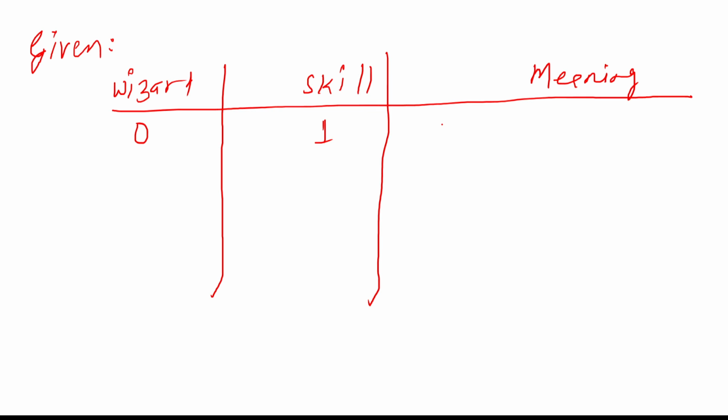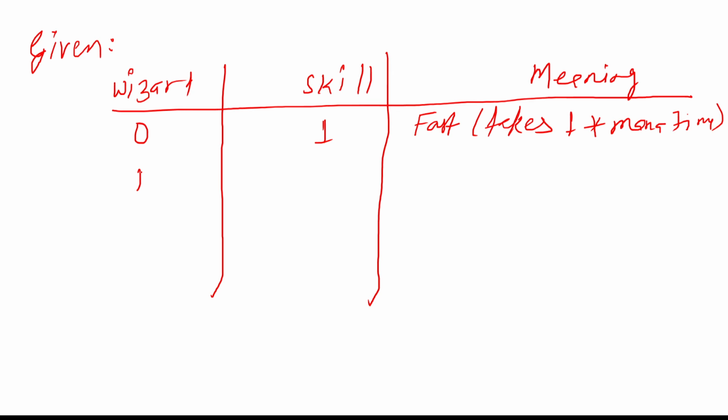It means when wizard is 0, skill is 1, so it's fast. Can we say that this is fast because it takes 1 times mana time? So the skill is good.